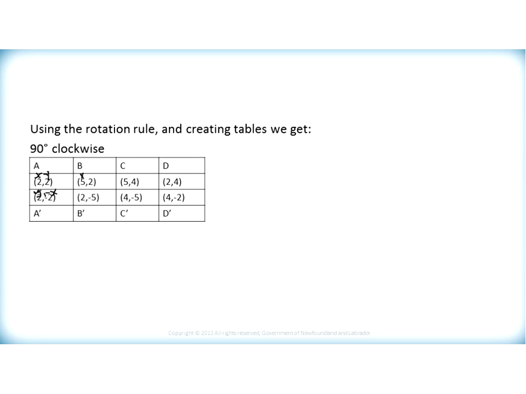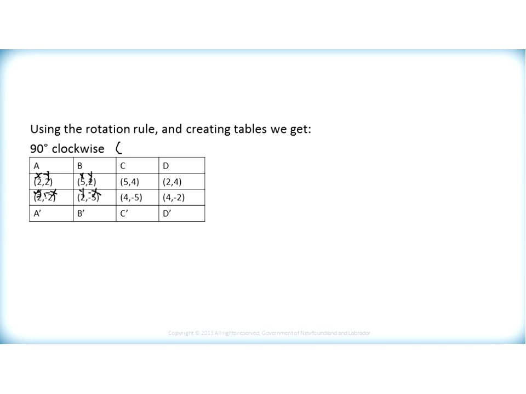This is x and y, so now we've got (y, -x), and so forth. Okay, so that's for 90 degrees clockwise.